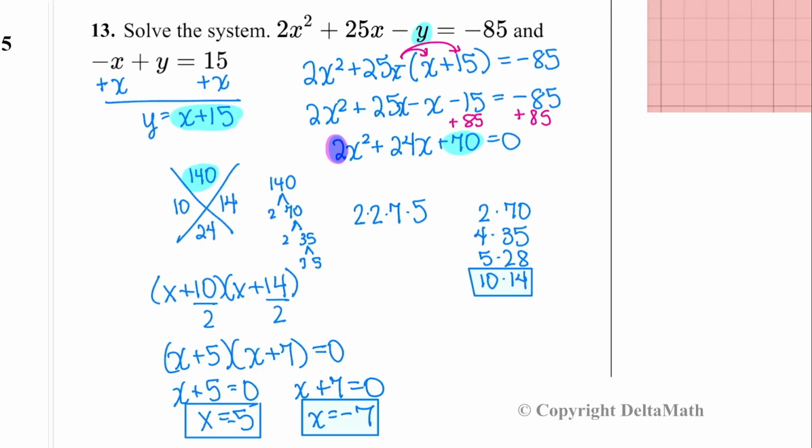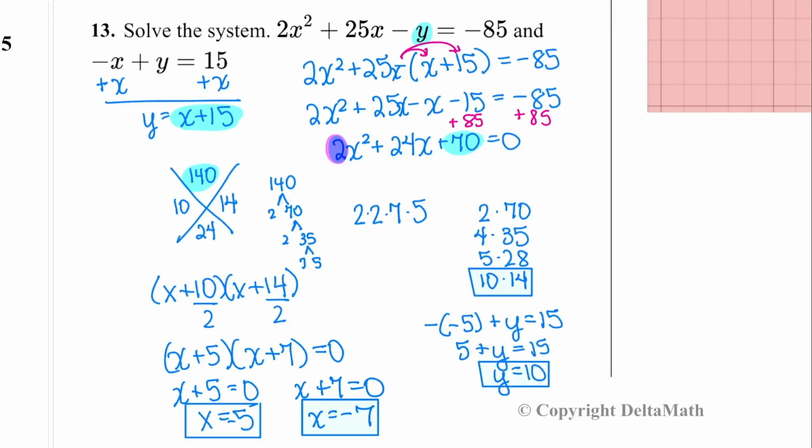I'm going to go ahead and plug them into the second equation because it seems a little bit easier. So negative times negative 5 plus y equals 15. So just to recap, I'm plugging it in right here. This is going to be 5 plus y equals 15. So y equals 10.